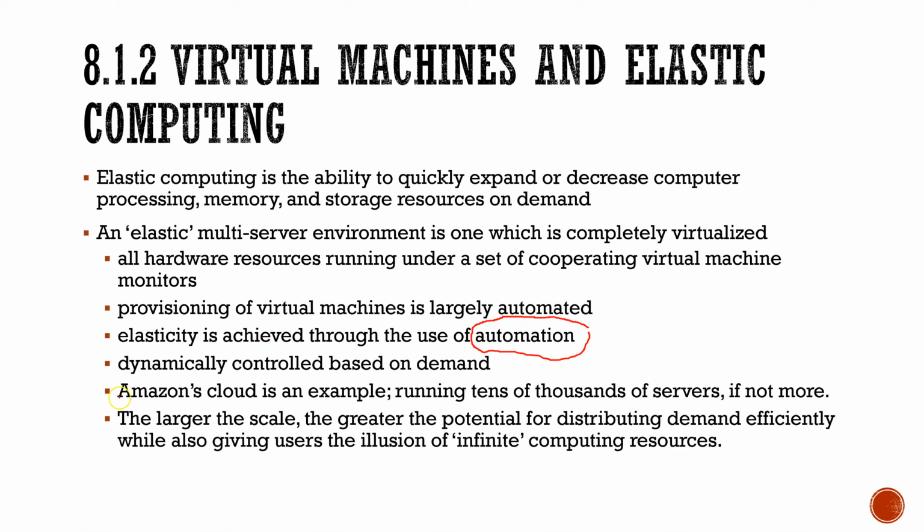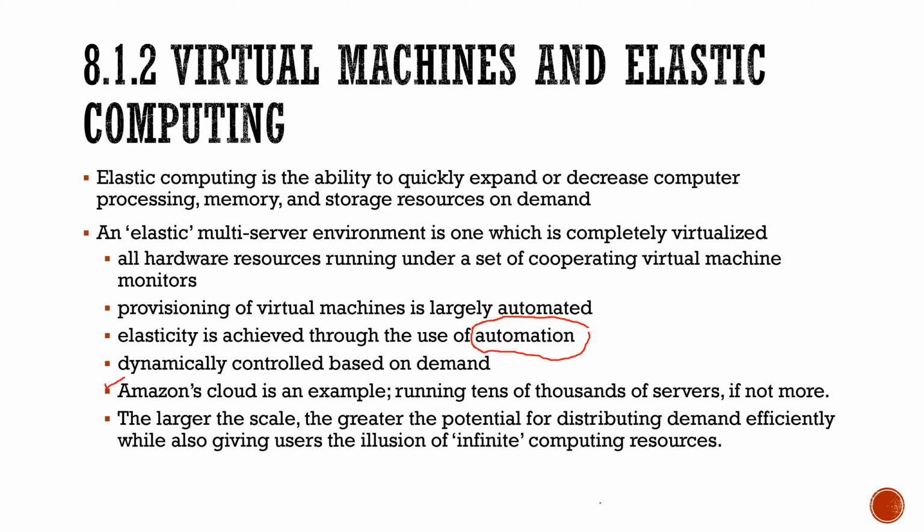Amazon's cloud computing, or Amazon's EC2, is an example, running tens of thousands of servers, each one independent of the others because of virtual machine technology. Provisioning of these machines is automated.